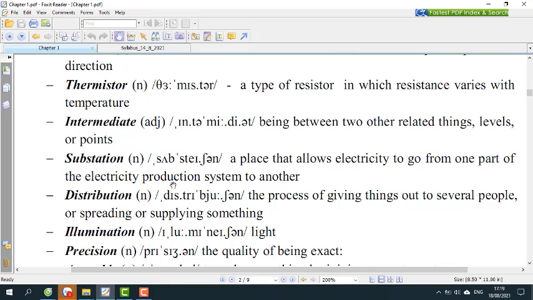Substation: a place that allows electricity to go from one part of the electricity production system to another. Distribution: the process of giving things out to several people, or spreading or supplying something.